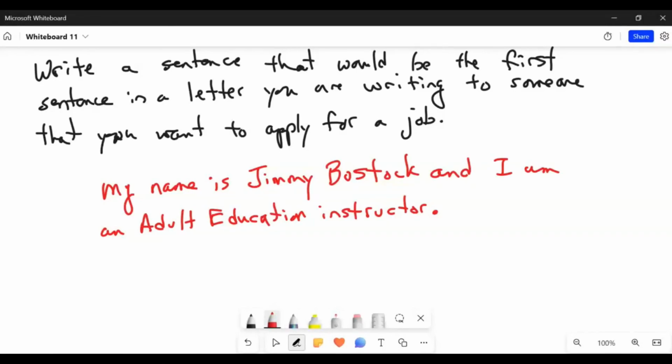If you would like to share your sentence, it's not a requirement today, but we are going to eventually be sharing our sentences with everybody. If you would like to share your sentence, you can put it in the chat so we can see what you put. There's no correct answer other than it being a complete sentence, grammatically correct.